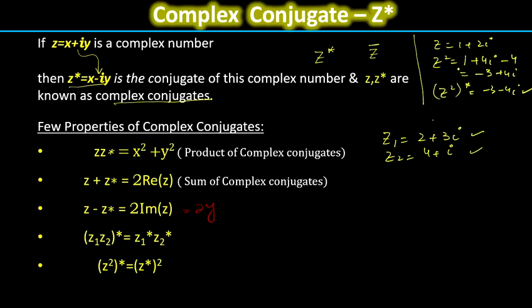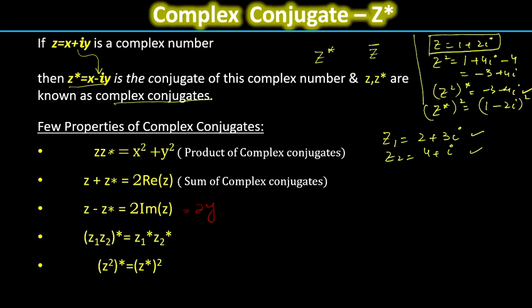So I first squared, then found the conjugate. Now if I first write the conjugate of this number and then square, the conjugate of 1 plus 2 iota is 1 minus 2 iota. Now please square it. If you square it, what do you get?